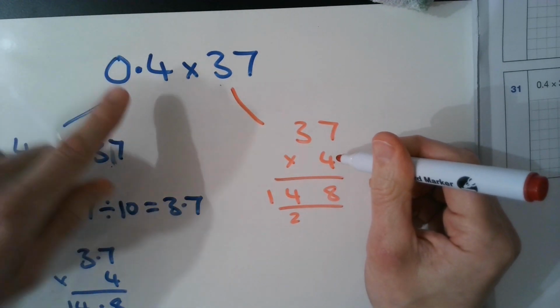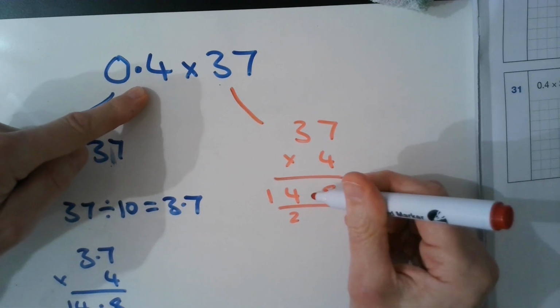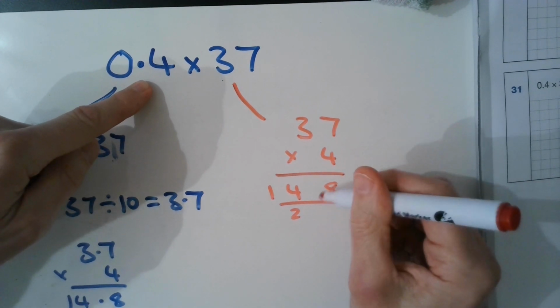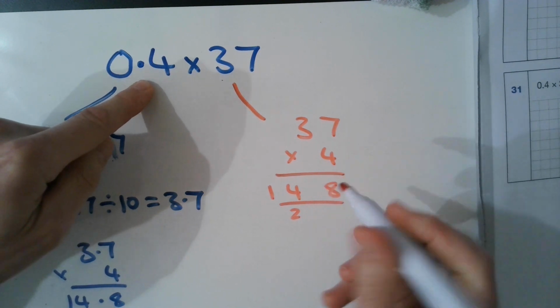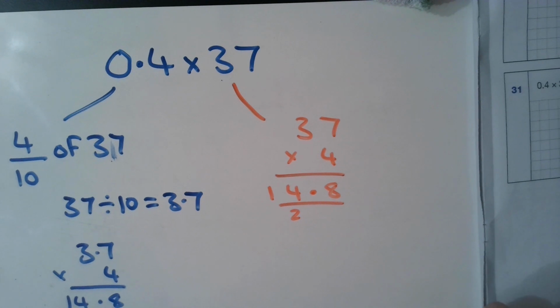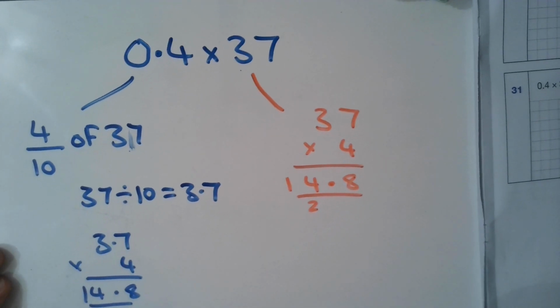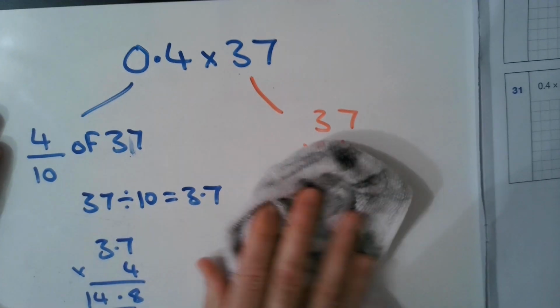You've made the 0.4 10 times larger, so you have to make your answer 10 times smaller. So 148 divided by 10 would be 14.8. That is a very challenging question. Like I say, you have to have a really good understanding of number to be able to work that out. Okay, next question.